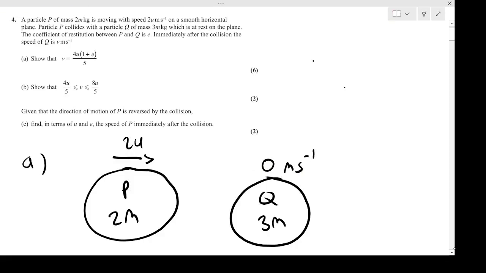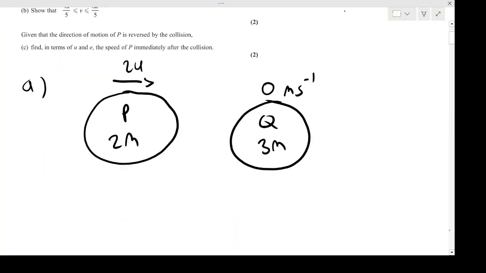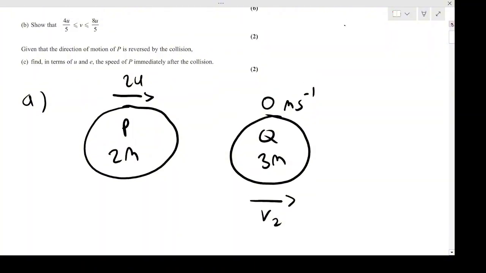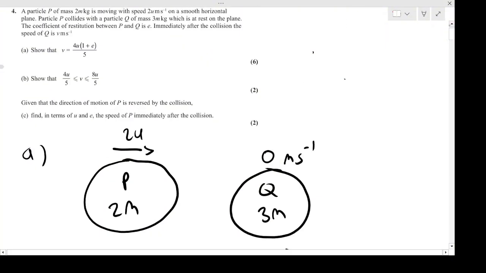And so afterwards, well, again, if you can just visualize this, if P is going to push into Q, and Q is going to roll forward, so it's going to move forwards. I'm going to call that V2. And the question kind of hints where P will go, because we're told that the direction of motion of P is reversed.